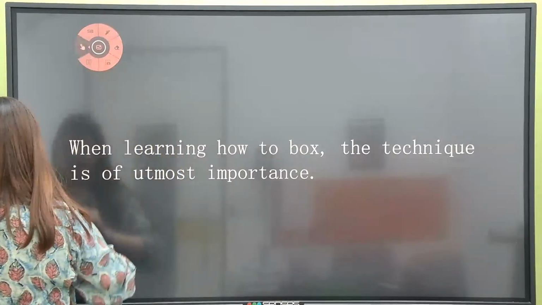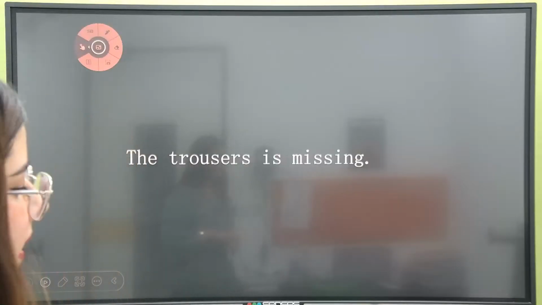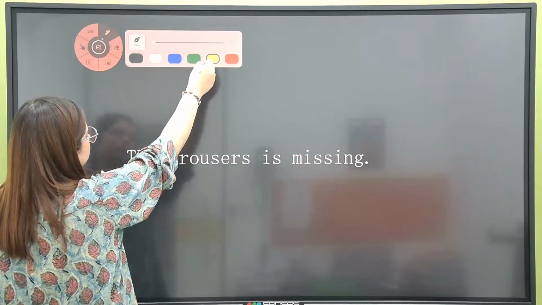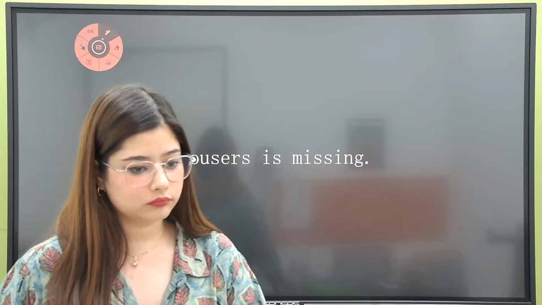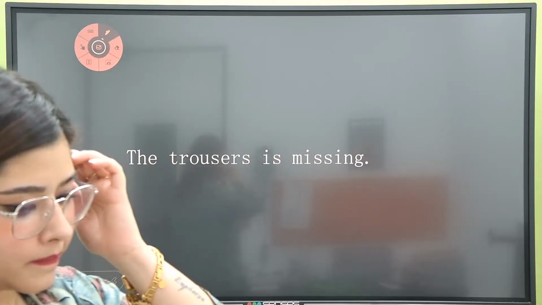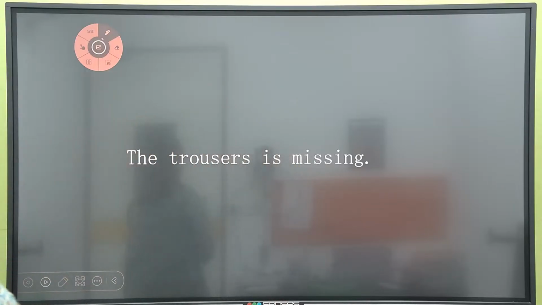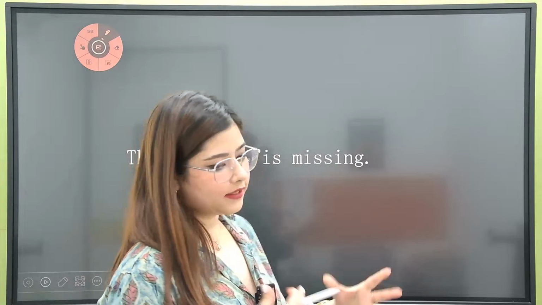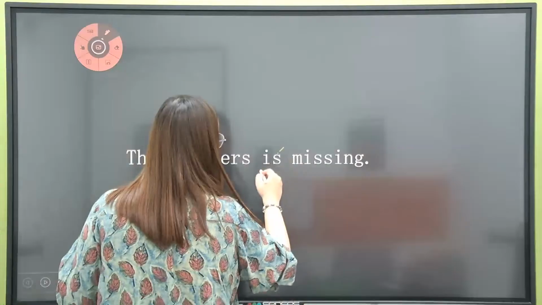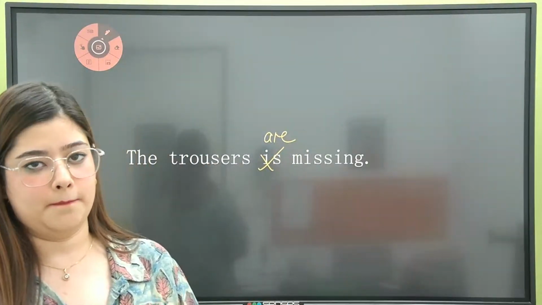Next, the trousers is missing. Yes, entities that have two parts would take up a plural verb form. The trousers are missing. The glasses are missing.